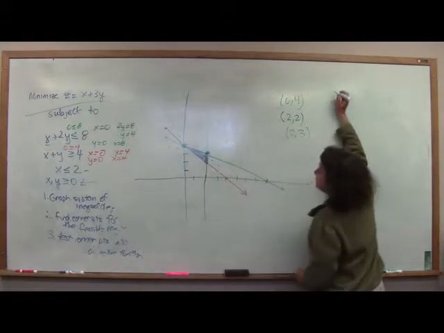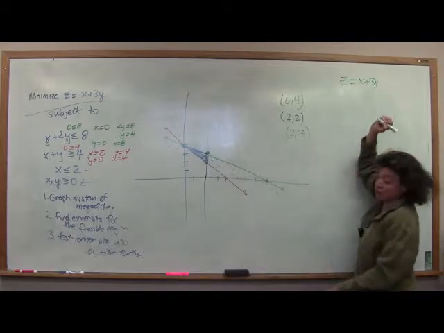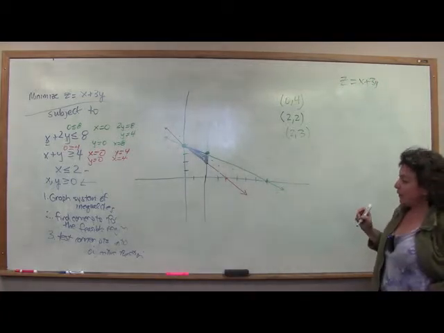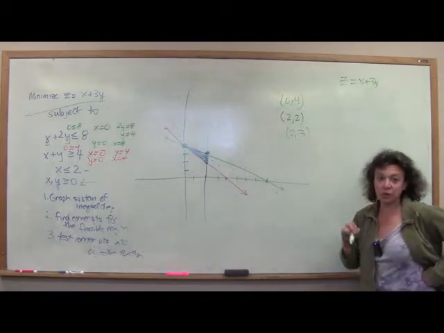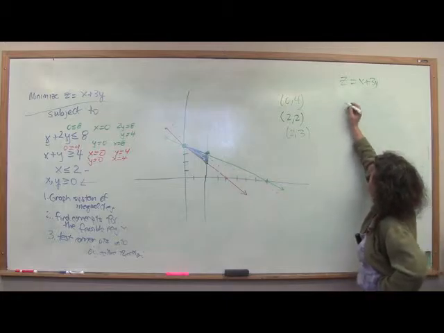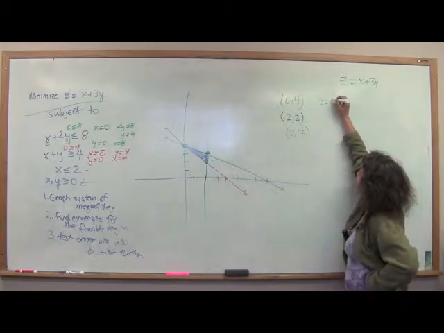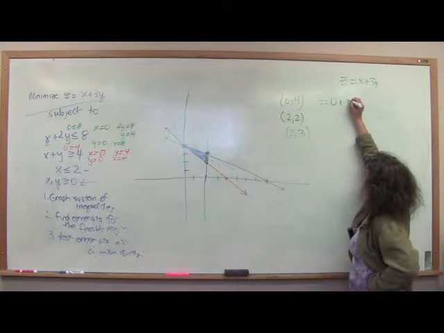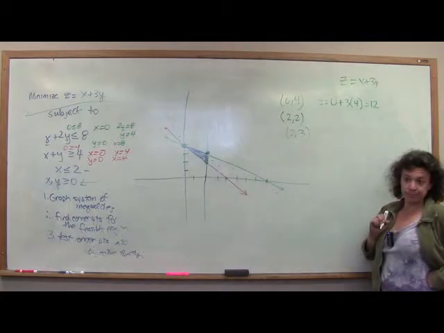Last but not least, now is when you take your objective function. What you do is you plug in your x, y values for each of your corner points into the objective function. So if I plug in x equals 0 and y is 4, I have 0 plus 3 times 4, which is 12.